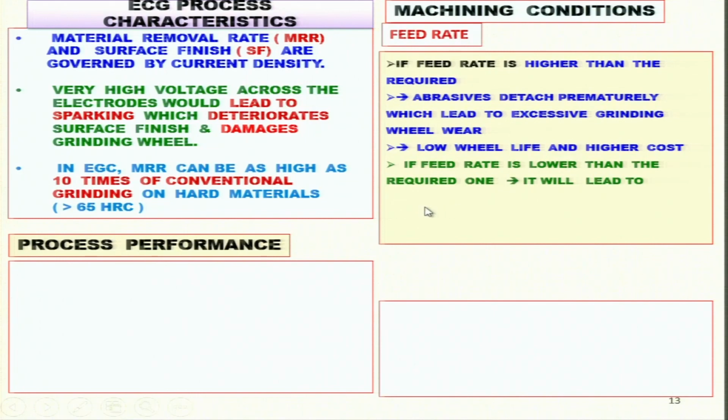If feed rate is lower than the required one, then it will lead to large overcut, because material removal due to dissolution will continuously keep taking place even though the feed rate is low, poor tolerances and poor surface finish.